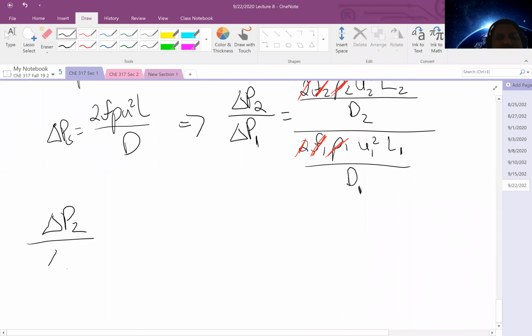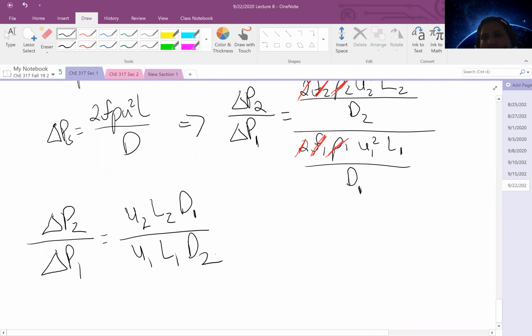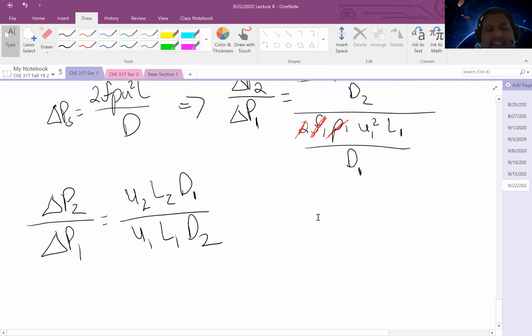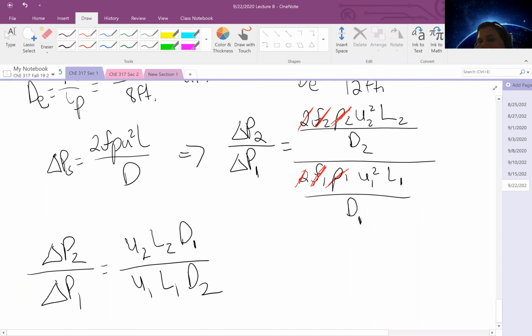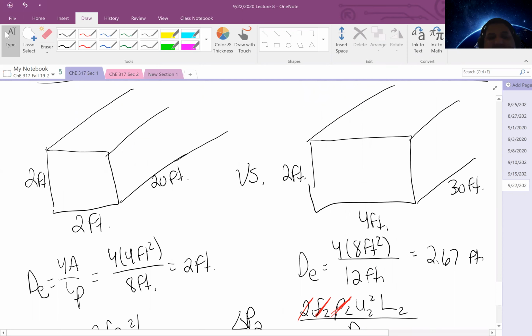Delta P2 over delta P1 is equal to U2 L2 times the diameter 1 over U1 L1 times diameter 2. So now I have 3 variables that I have to consider the implications of in changing the design that I have here.